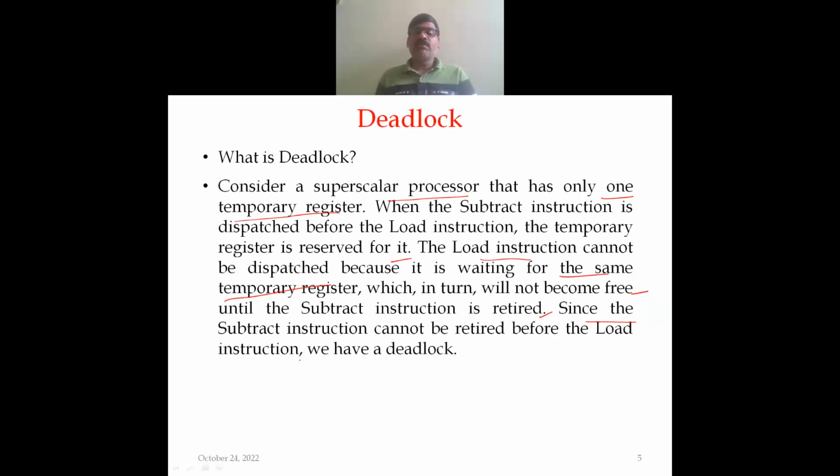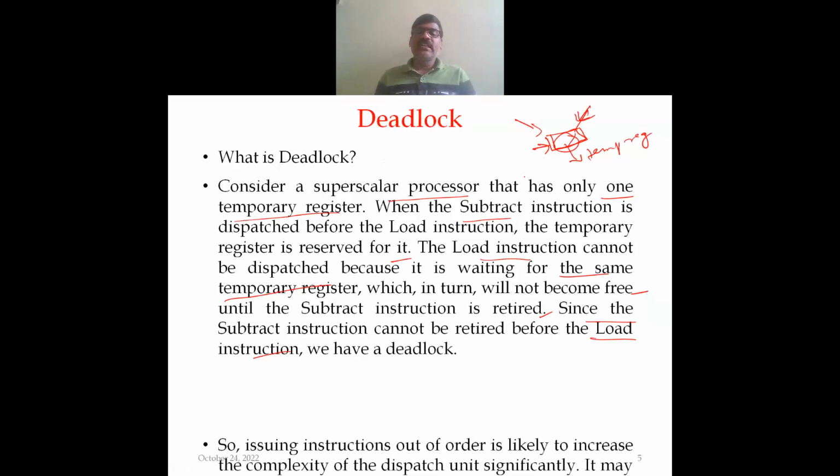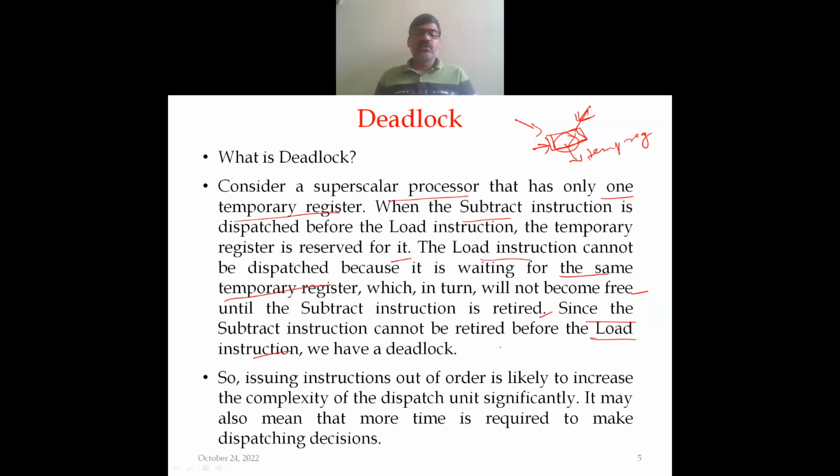Since the subtract instruction cannot be retired before the load instruction, we have a deadlock situation. That means a deadlock is when two instructions want to use the same resource. Here the resource is the temporary register. The subtract instruction is holding it, so the load instruction has to wait. That is what we call a deadlock situation.